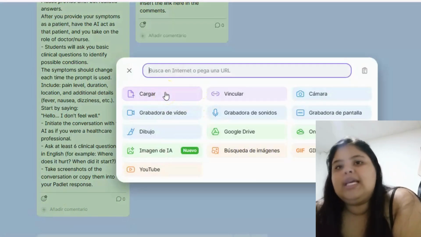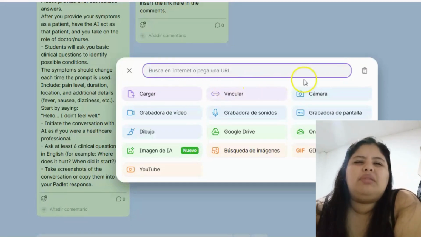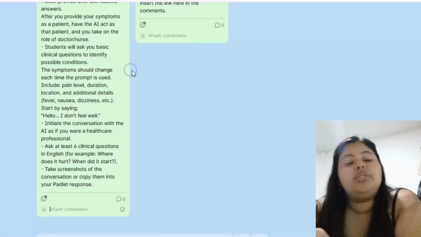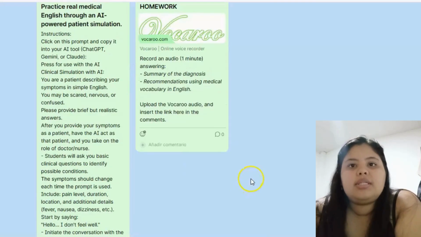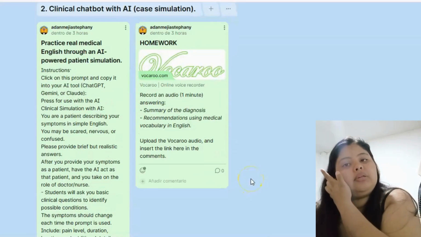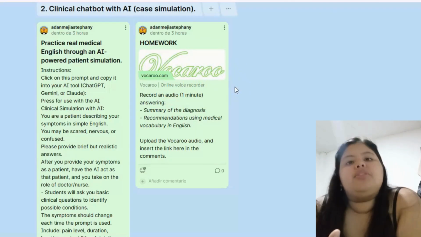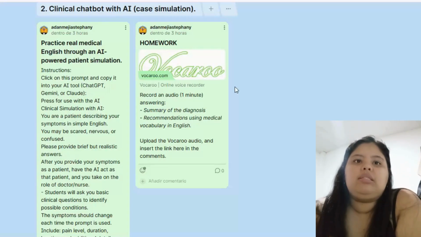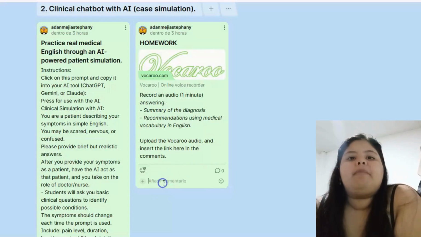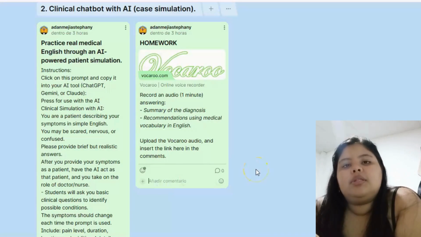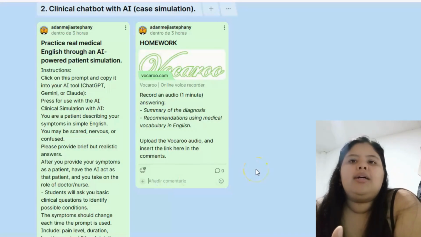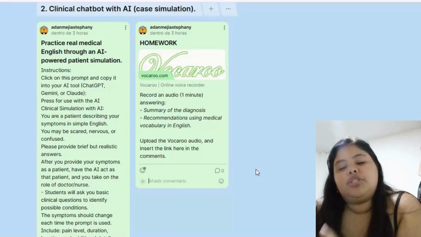To conclude phase 2, the student must record a 1 minute audio summary of the diagnosis, taking into account the conversation they had with the artificial intelligence, and other recommendations, using medical vocabulary in English. Once the audio is ready, the student uploads it in the vocabulary tool and shares the link to their audio here in the comments.